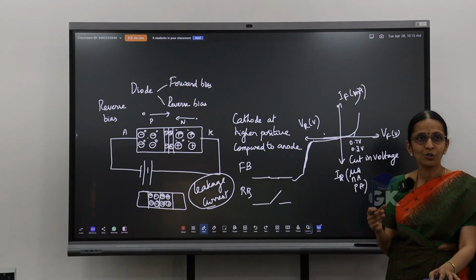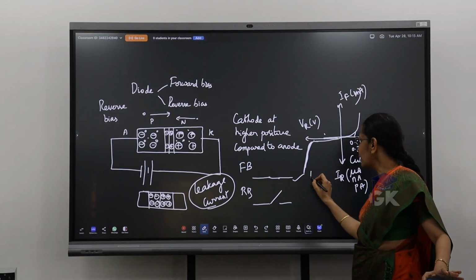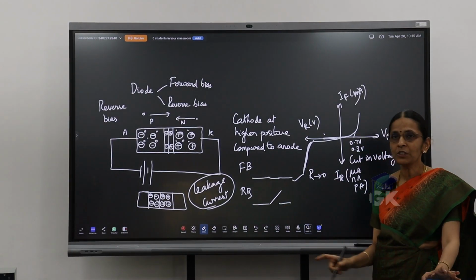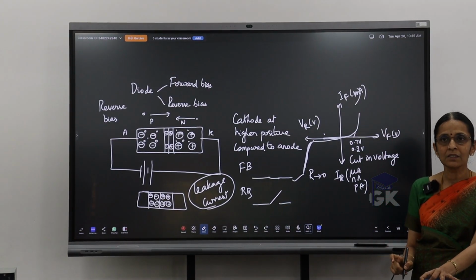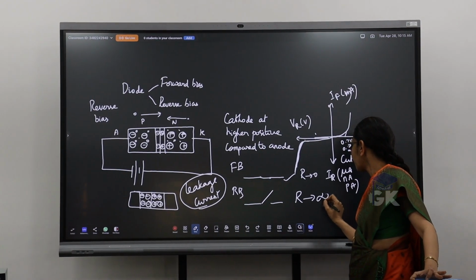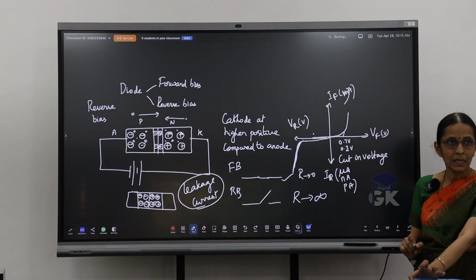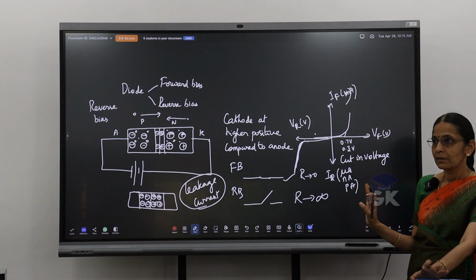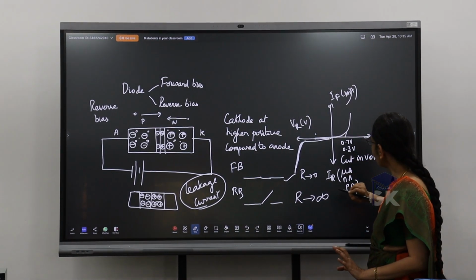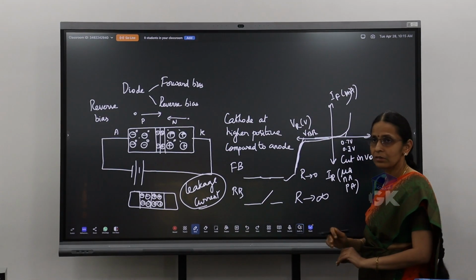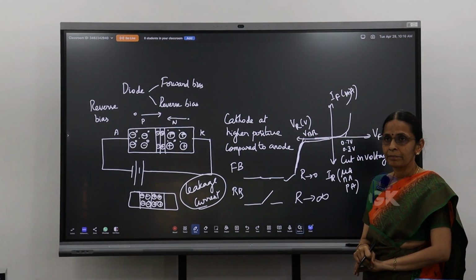Those concepts should also go to your notes. Ideally the resistance should be 0. When I say it's an open switch, ideally what should be the resistance? Infinity. Okay? It should be infinite. Clear with this? So now here we are telling the cut-in voltage. This we can tell as the breakdown voltage, VBR.